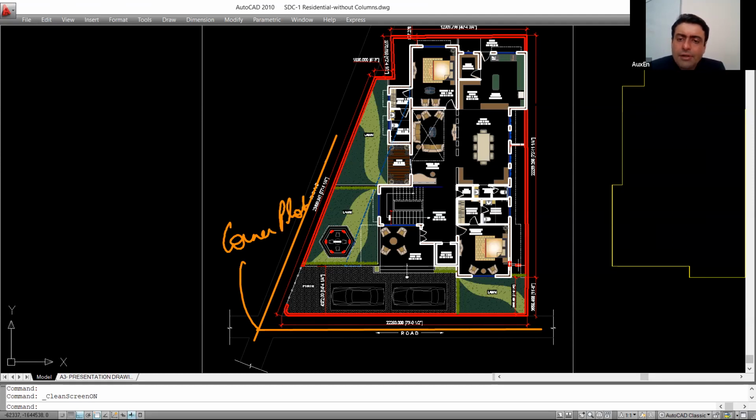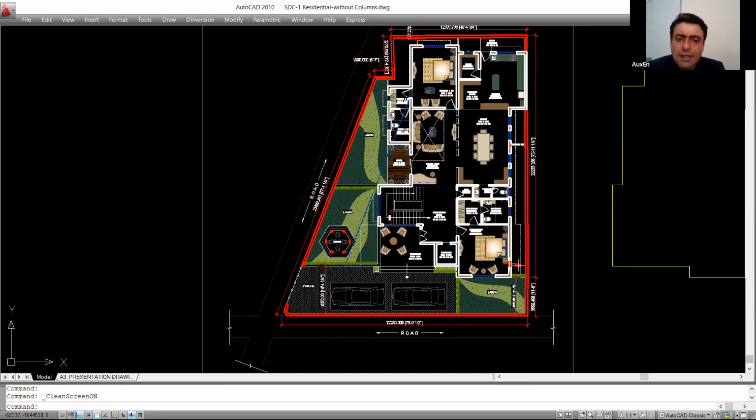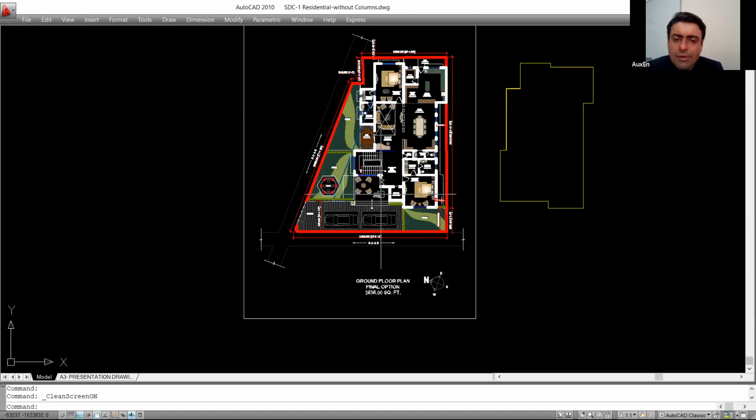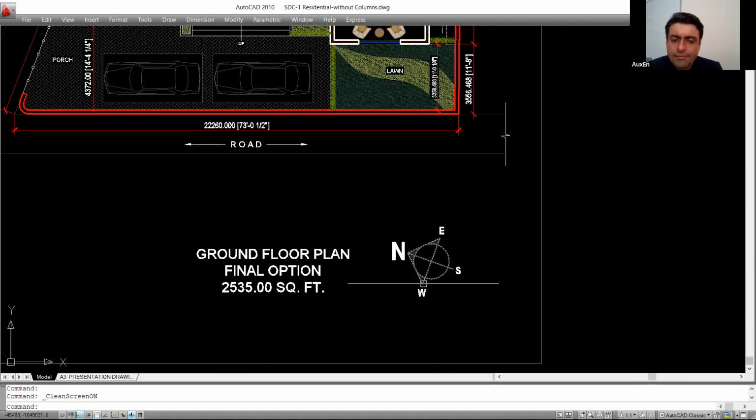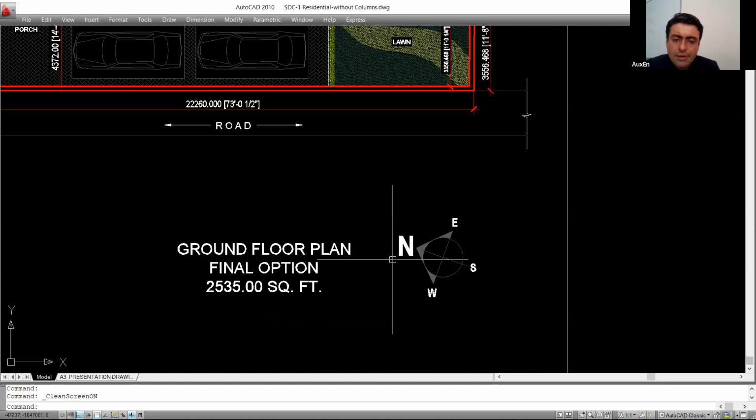Whenever you study a drawing, it is very important to note the directions also. Direction means the cardinal directions: north, south, east, west. So where are those directions? Generally every drawing will give you the orientation of directions. Can you see this? This is the direction orientation: north, south, east and west.